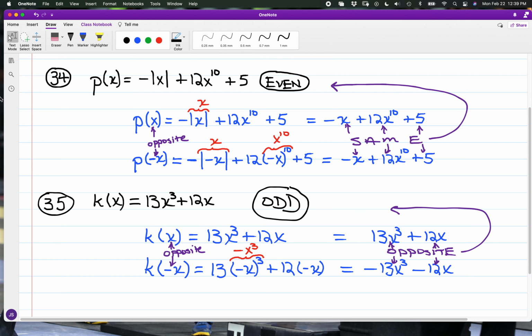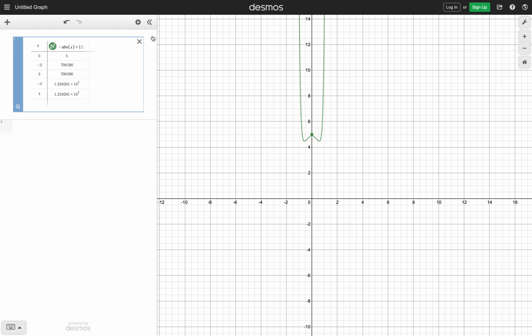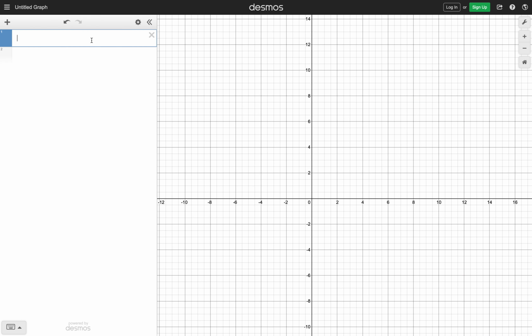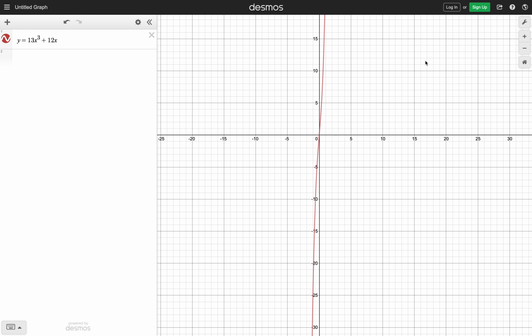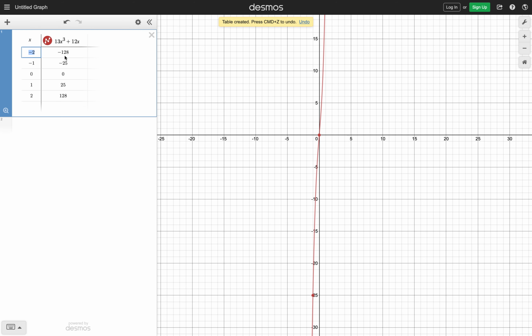And just to provide another bit of a visual, for y is equal to 13x cubed plus 12x, the graph is going to have symmetry with respect to the origin. And just looking at some of the values here, for opposite sign inputs, we have negative 1 and 1.